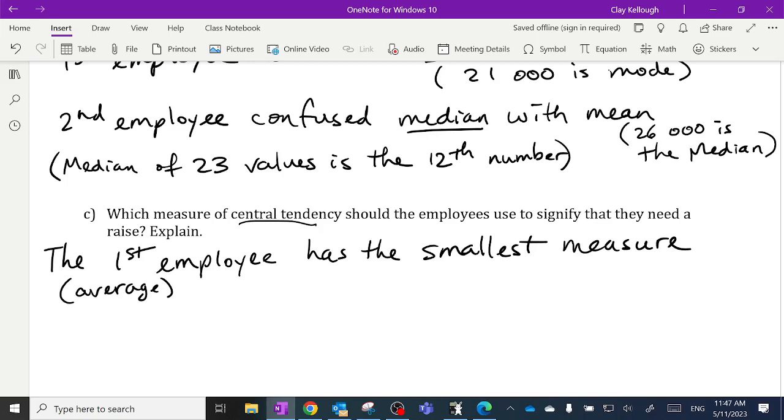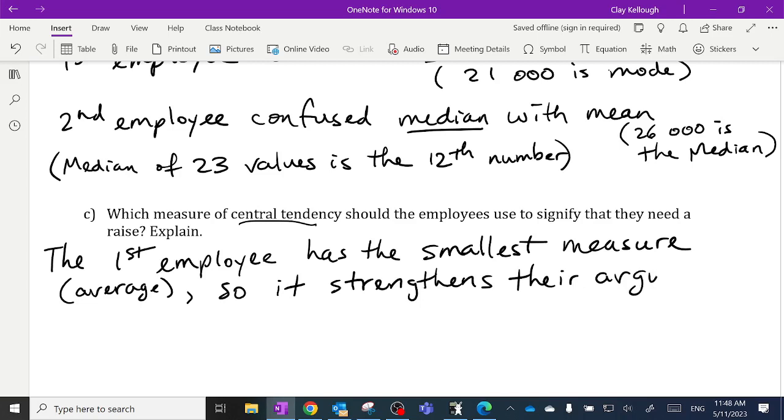So the first employee used mode for average, and that's the smallest number. So it strengthens their argument. It's like, hey, we get paid not enough. Look at that, our average salary is $16,000 amongst our 23 employees. Well, that's the mode average. But yeah, that's the smallest number. So if I was making that argument, that's the one I'd use.